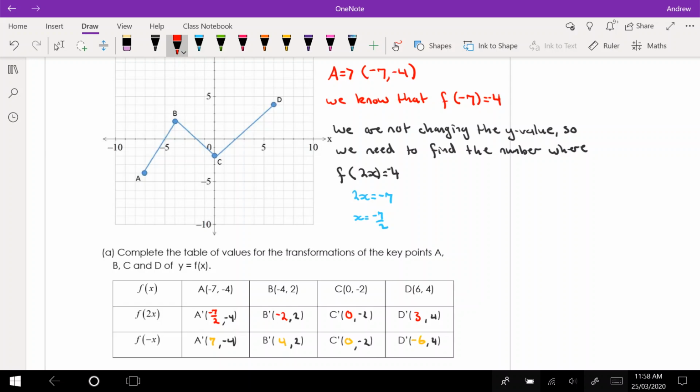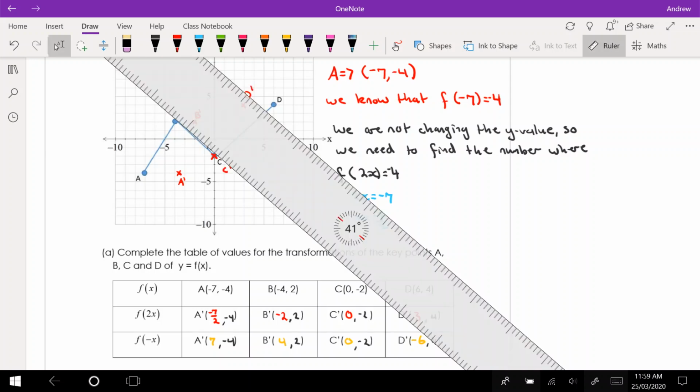And then we know that that's at -4, so we're going to start our point there, A dash. -2, 2, and that's B dash. 0, -2 will still remain 0, -2. And then 3, 4 is here, and that's D dash. And then I'm just going to connect all of them.